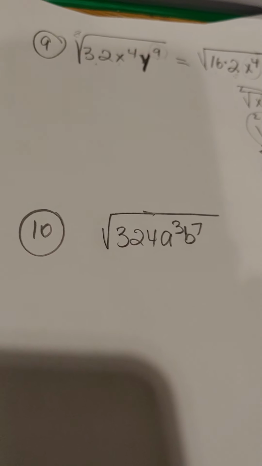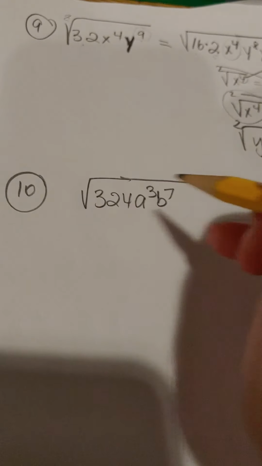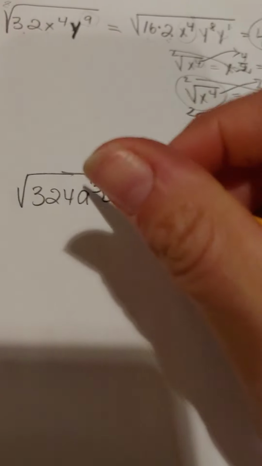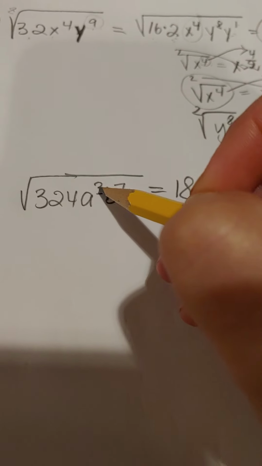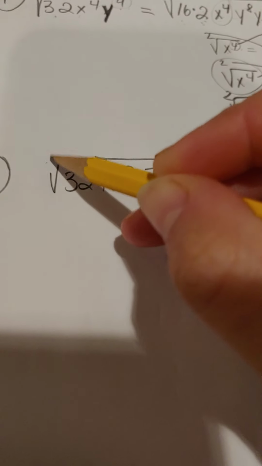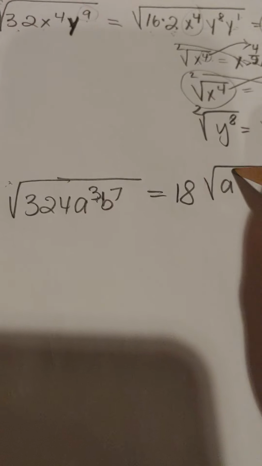The square root of 324 is 18, because 18 times 18 is 324. So we're in business here. And then, like I said, the exponent has to be a multiple of 2, because we're dealing with the square root. So we're going to break this down like this.